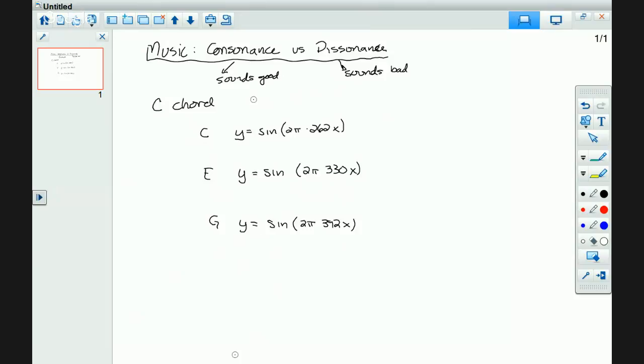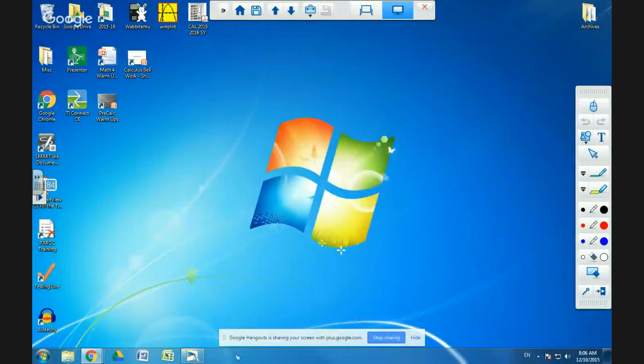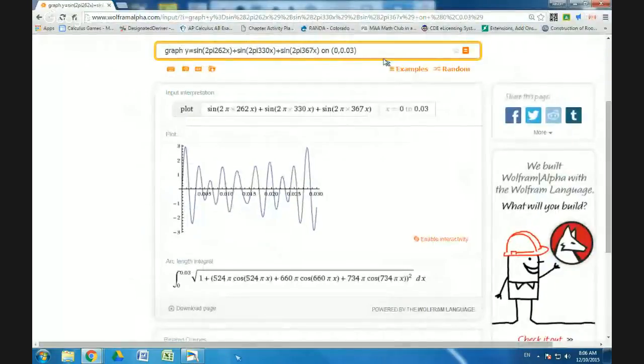We'll pull up the C, comma, don't forget the X, and then again, you have to define your intervals here.